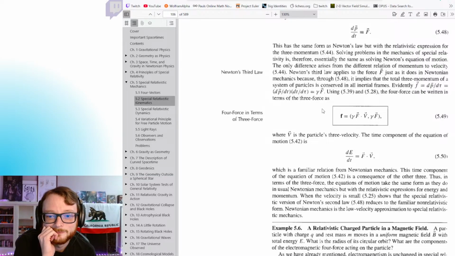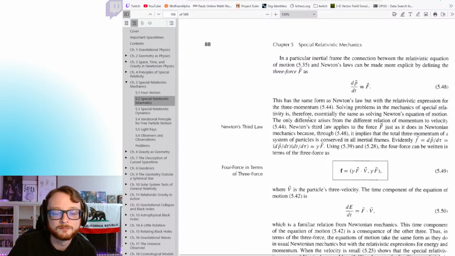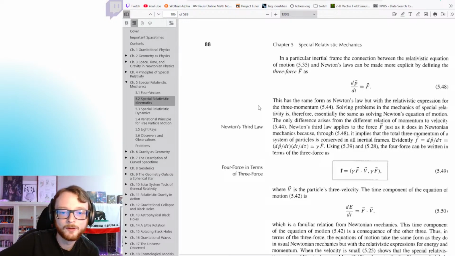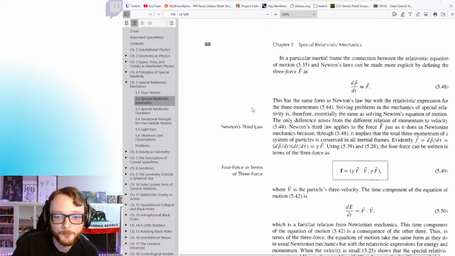And they said the 3 force is the time rate of change of the 3 momentum. I guess we call that the 3 momentum, do we? The P with the arrow. I think so. It was interesting that that comes out to be the power, because force times velocity.